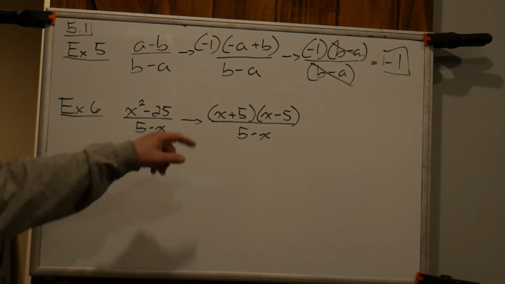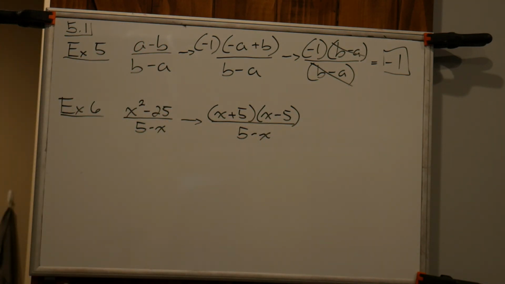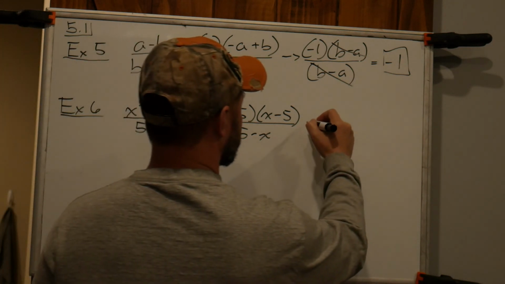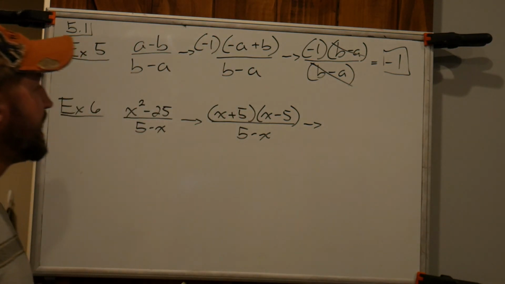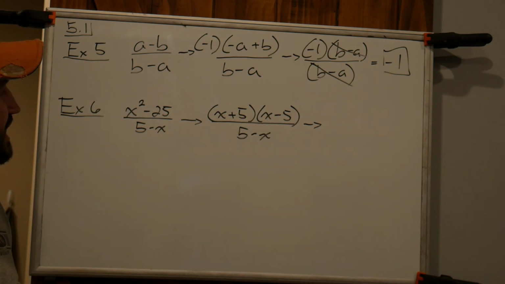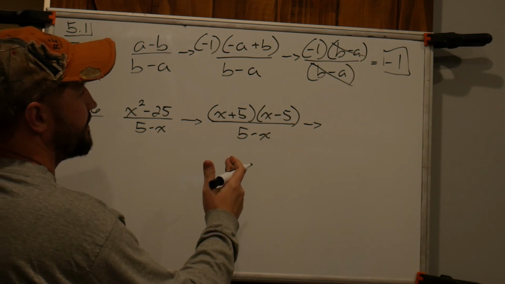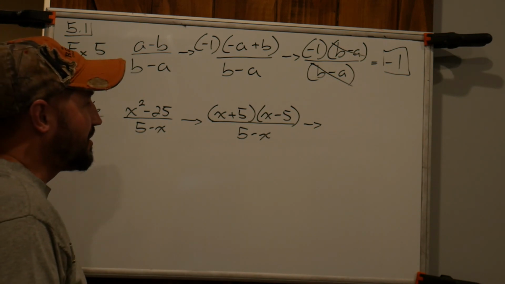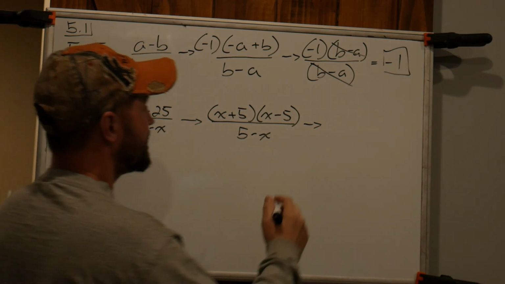I have x plus 5, x minus 5, all over 5 minus x. Again, that 5 minus x is darn close to x minus 5, but it's different.